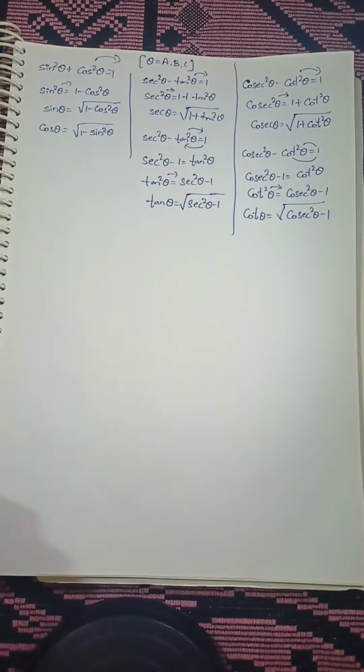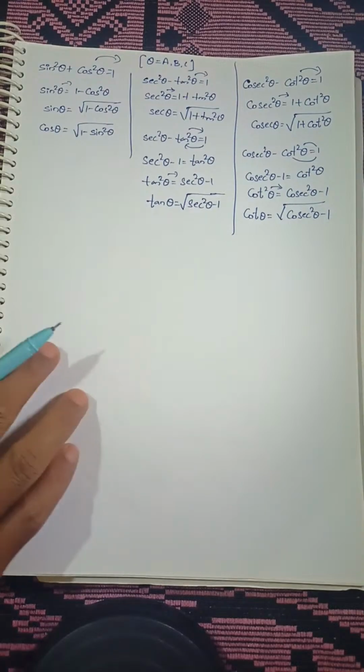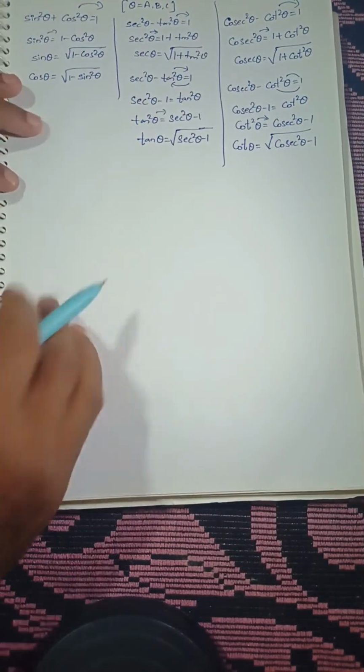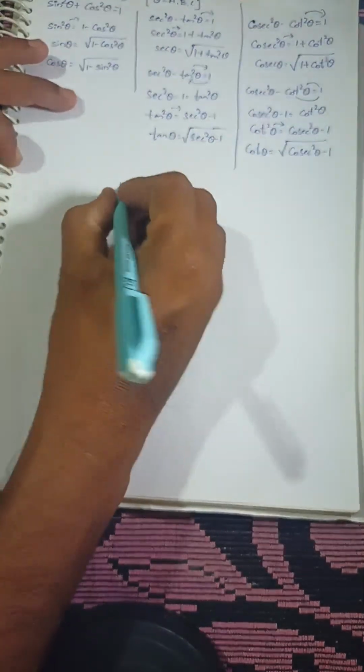Yes, so the most important thing is the trigonometric table, which is very important. Now we are going to draw the trigonometric table, and I'll show all the formulas also, which are important. Try to write along with me, those who are online. So we are going to write the trigonometric table.